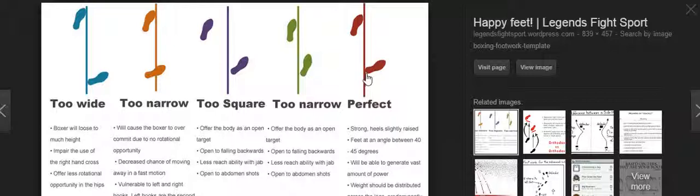You can see this is the perfect foot position, but other angles are not. This is probably 60 degrees or thereabouts to this foot position, or like 80 or almost 90 degrees to the y-axis, and this one is about maybe 30 degrees to the y-axis.